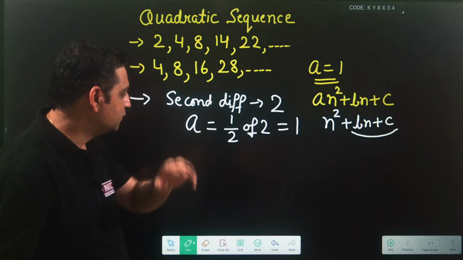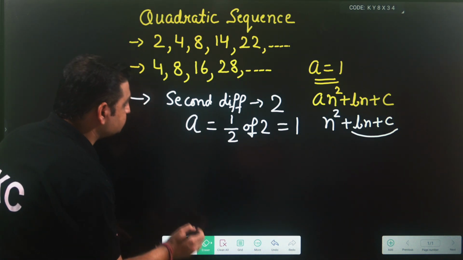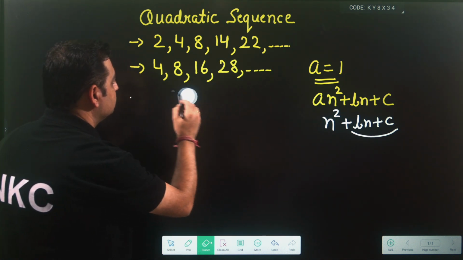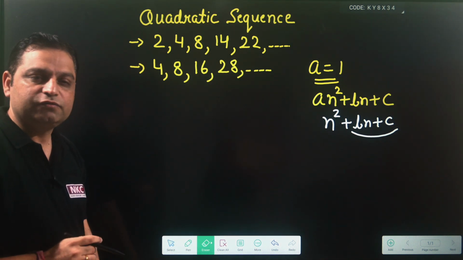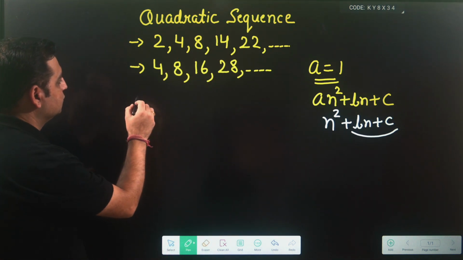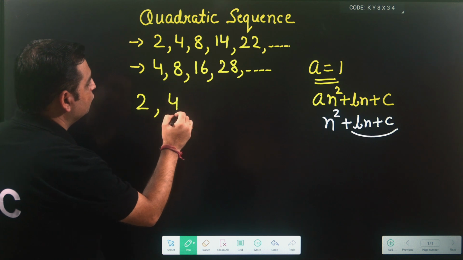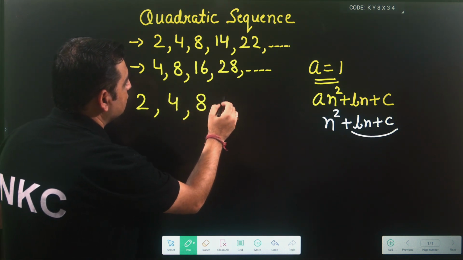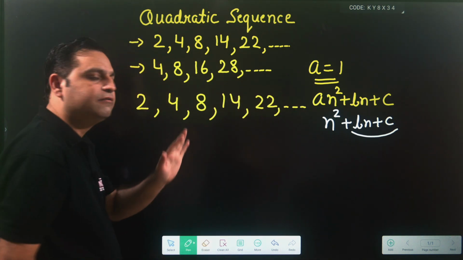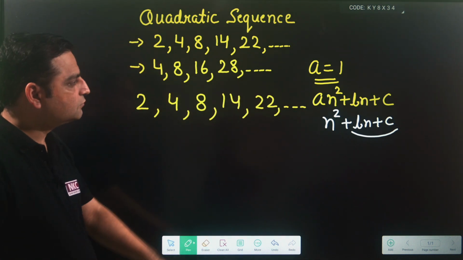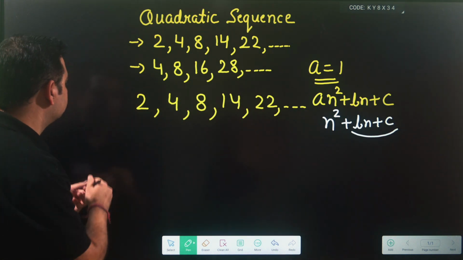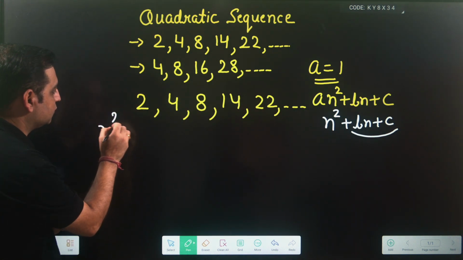Do remember the steps, I am going to cover them. Check it out. After finding the value of a, I am going to write my given sequence again: 2, 4, 8, 14, 22. What is the first term I have found? n square.